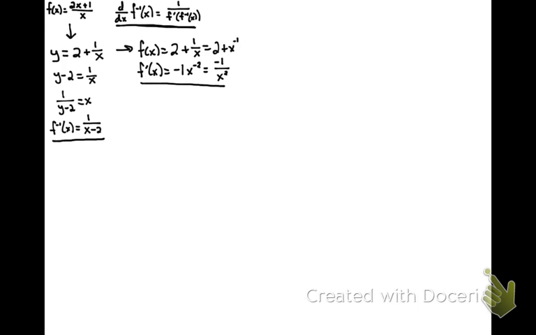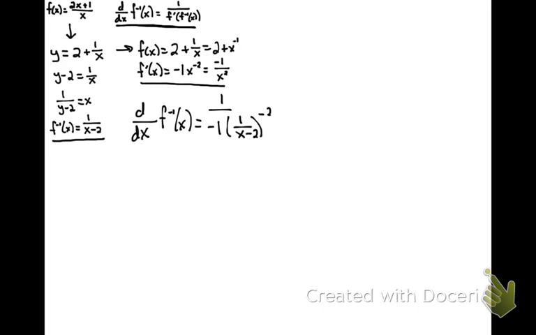So by equation 3, the derivative of the inverse should be equal to 1 over f prime of x, so this would be negative 1 times x to the negative 2 power, with 1 over x minus 2 substituted in.